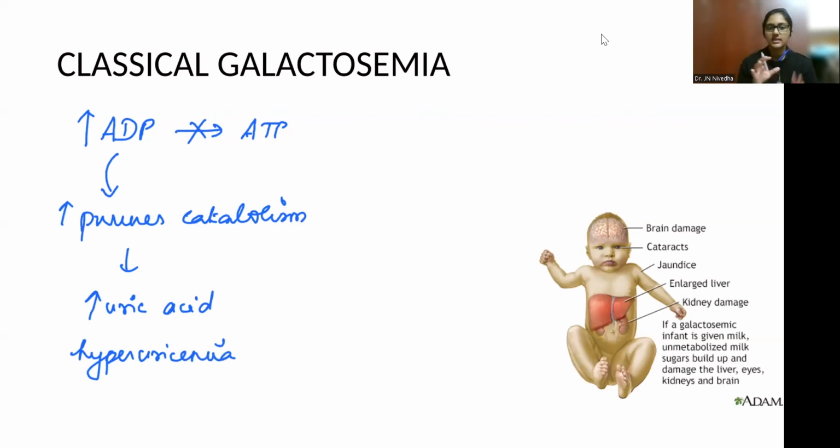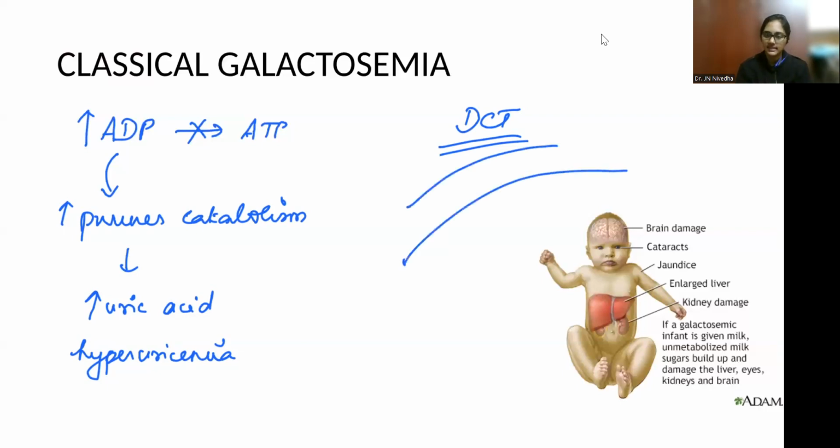Since there is increased uric acid in your circulation, all of your uric acid has to be excreted via your kidneys. In the DCT, the distal convoluted tubules of your kidneys, all the acids, be it uric acid or lactic acid, have to be excreted out through the DCT via H plus ATPase.